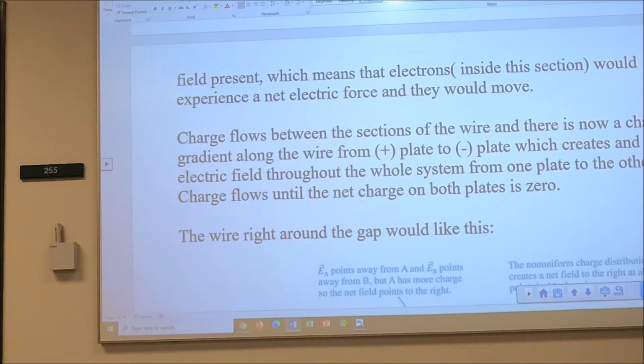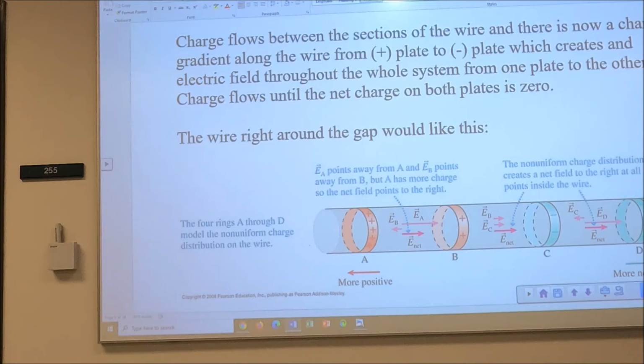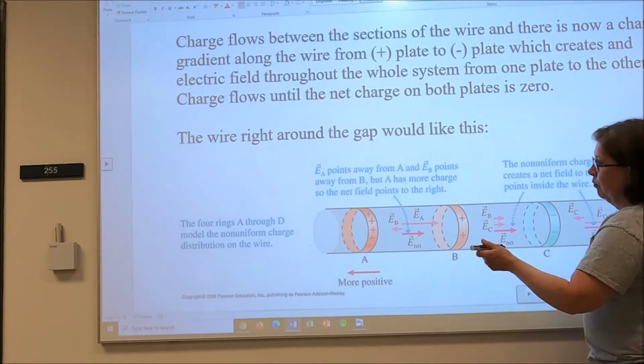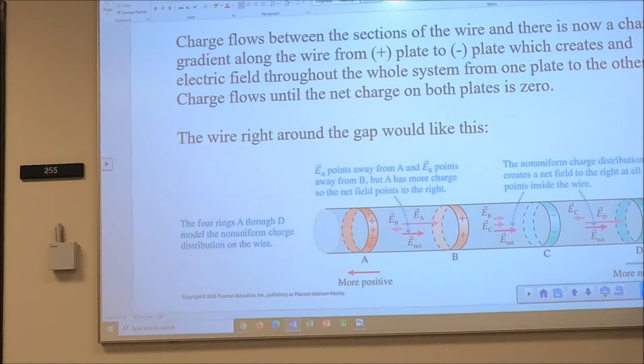Now, that means that in that gap, there would be a net electric force on the charged particles in that piece of metal. And that means that charge is going to flow and respond to that electric field. Now, we know that there's a charge gradient, positive to negative, and this is kind of drawn opposite the way the plates were. Notice higher positive charge, less positive charge, negative charge, greater negative charge.